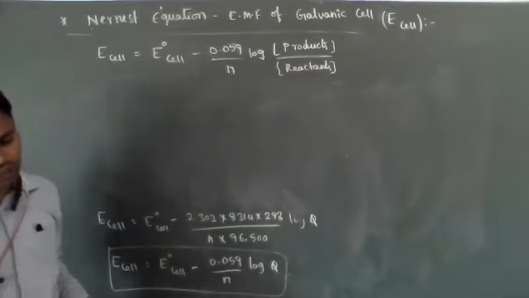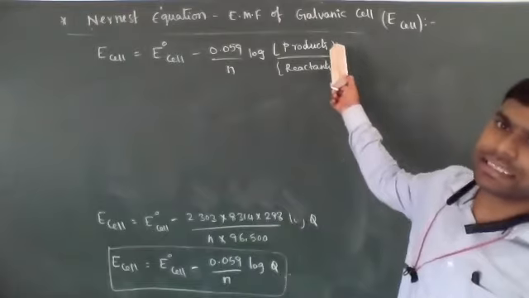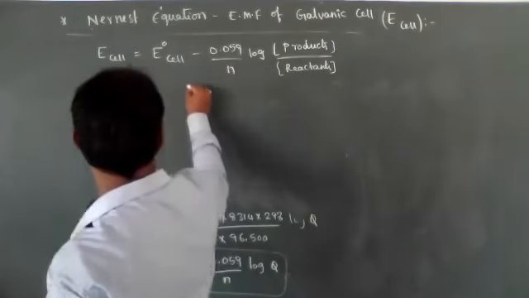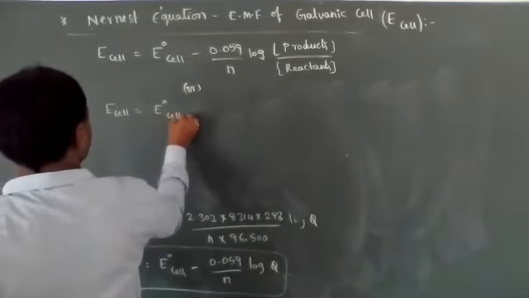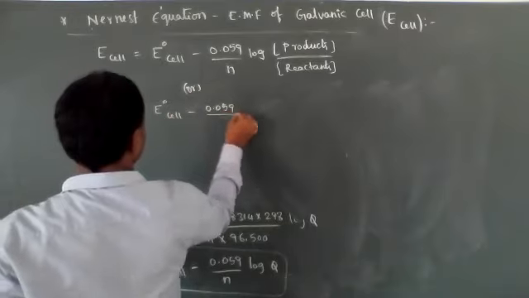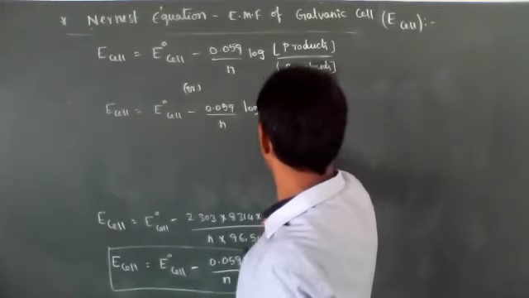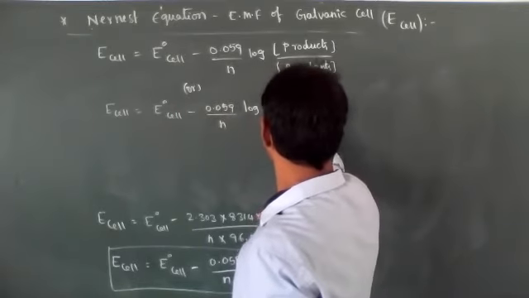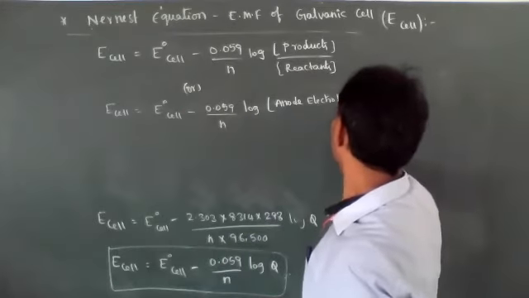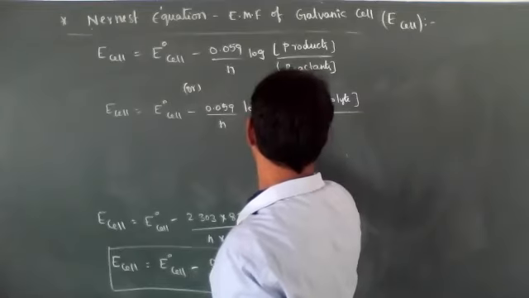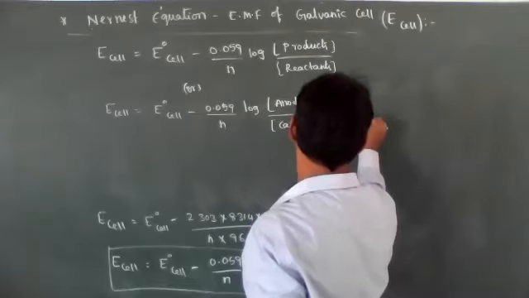E cell is equal to E0 cell minus 0.059 by n into log product concentration by reactant concentration, or E cell is equal to E0 cell minus 0.059 by n into log concentration of anode electrolyte by concentration of cathode electrolyte.